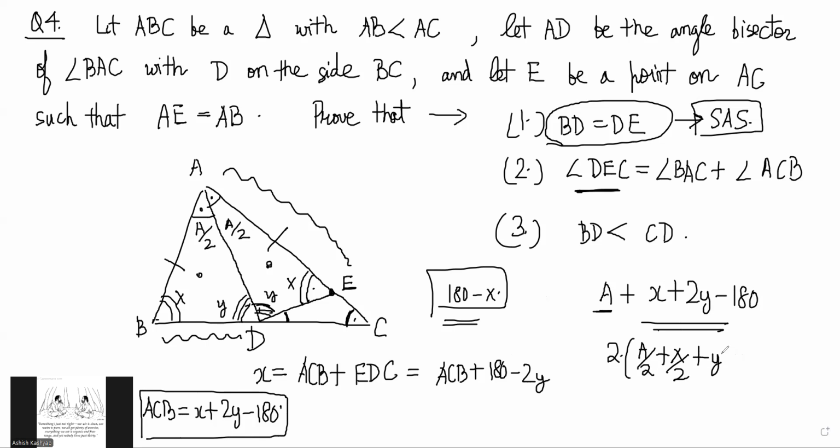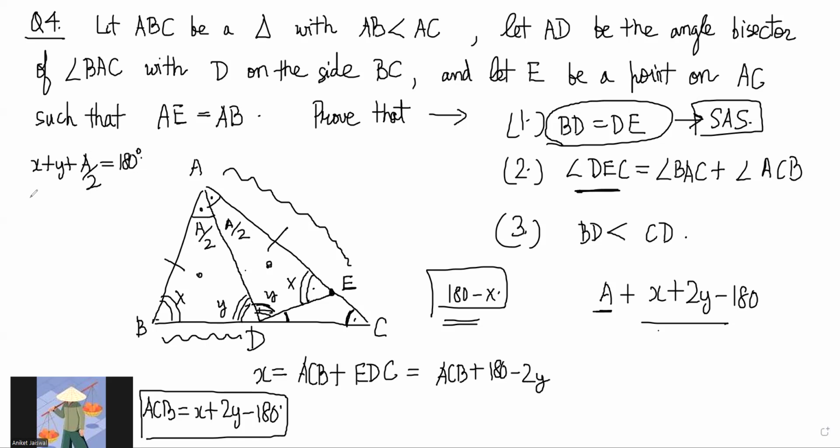Wait, that was not necessary. Okay, so we already know x plus y plus A by 2 is 180, by the way. So double it. Doubling doesn't help directly, but 2x plus 2y plus A is equal to 360.